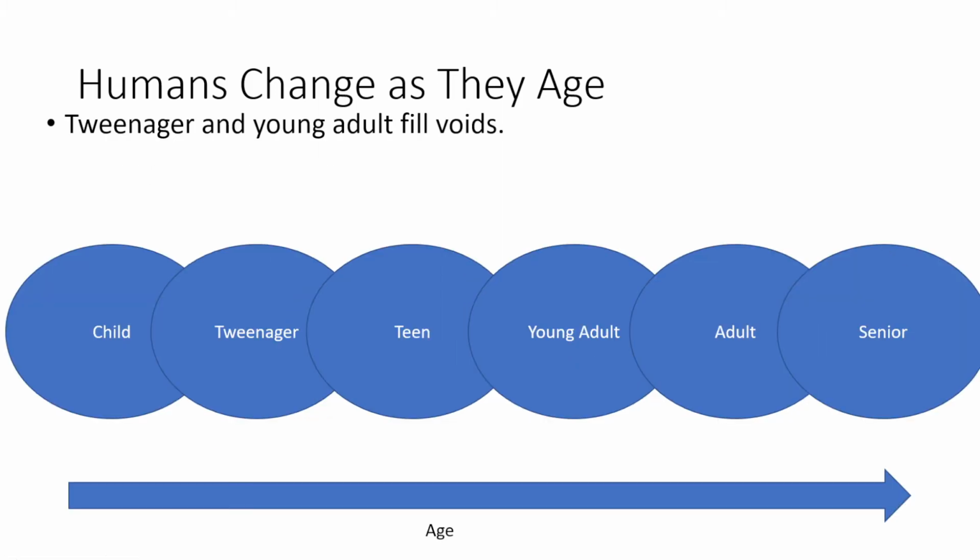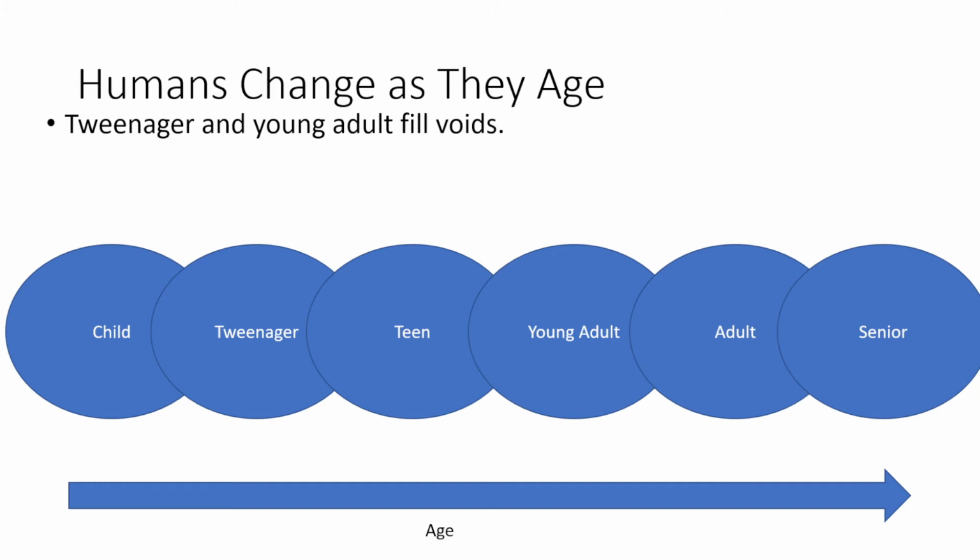Now here's where we kind of start talking about voids. Teenager and young adult are both relatively recent inventions, and they were kind of made out of necessity, because the transition from child to teen was seen as too abrupt, and teen to adult was also seen as too abrupt.